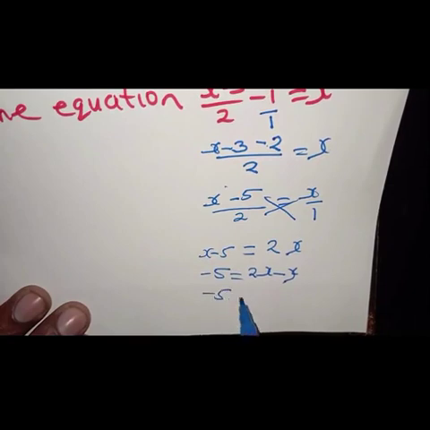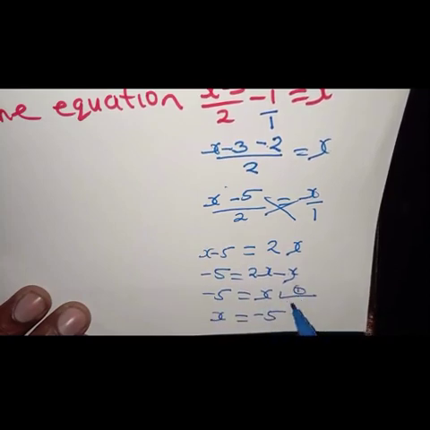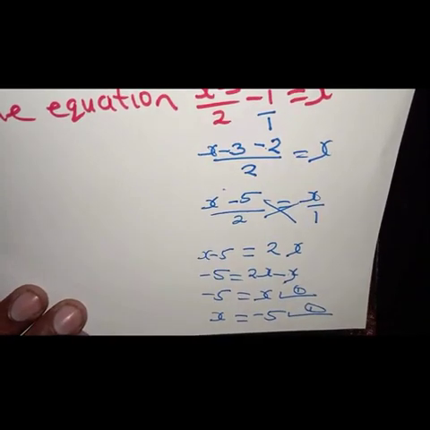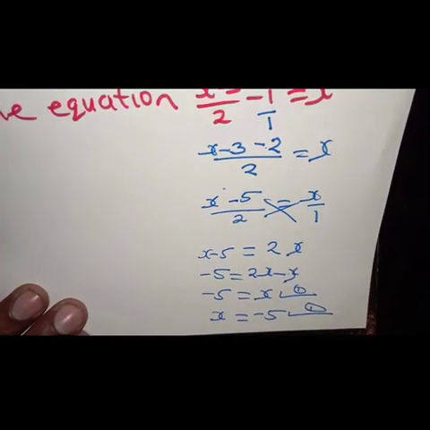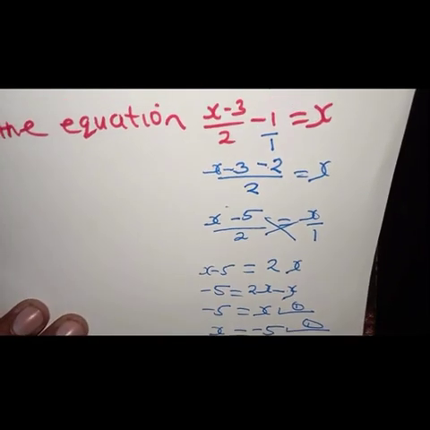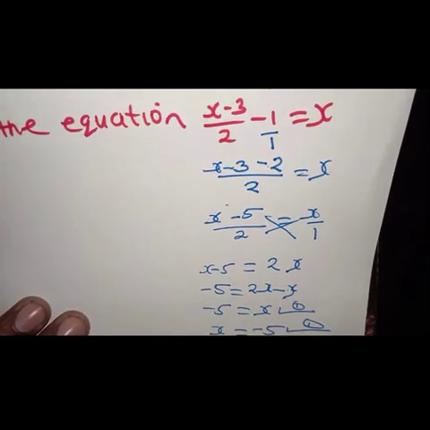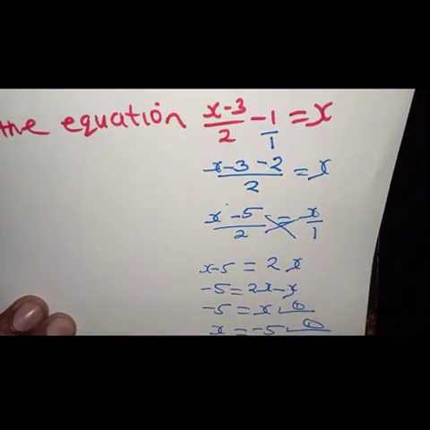So -5 is equal to 2x minus, this is same as saying 1x. 2x minus 1x, you just get x. So here same as writing it as x is equal to -5. Whether this one or this one, it is still okay. So this is what you do when they say solve the equation. You target the letter that has been asked.